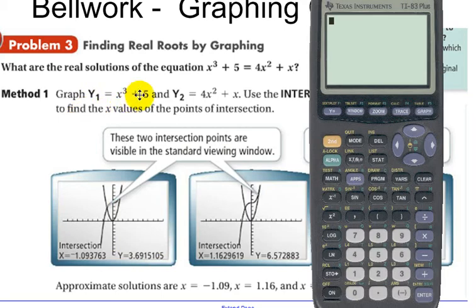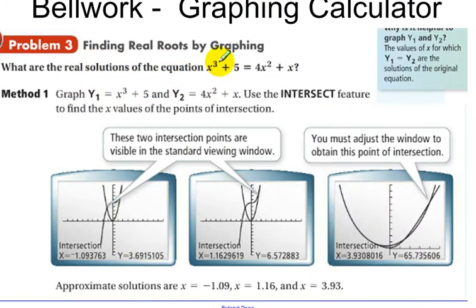Actually, let me back up. What are the real solutions of the equation x cubed plus 5 equals 4x squared plus x? What you're going to do is set y1 equal to the first equation and y2 equal to the second equation, and then you're going to graph them both. So that's what we're going to do now.